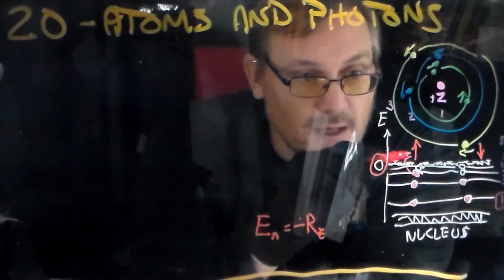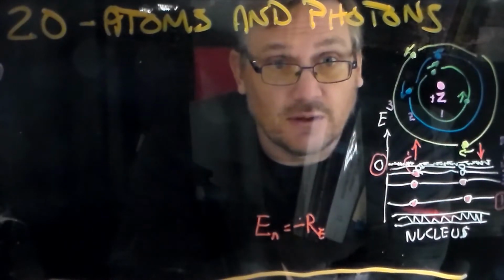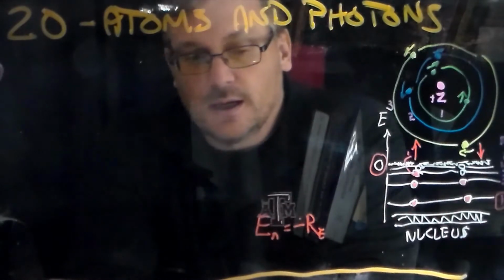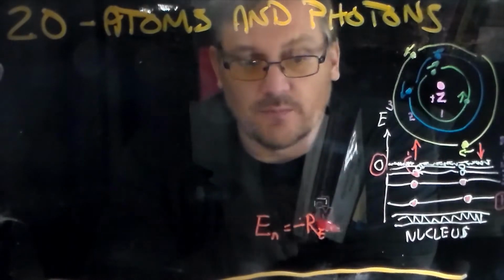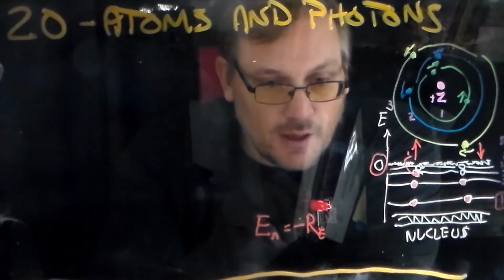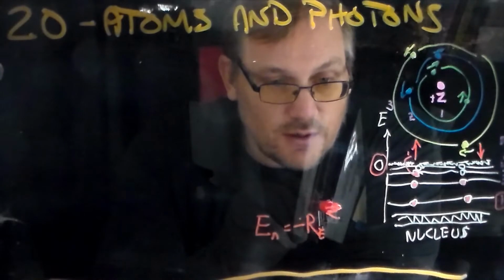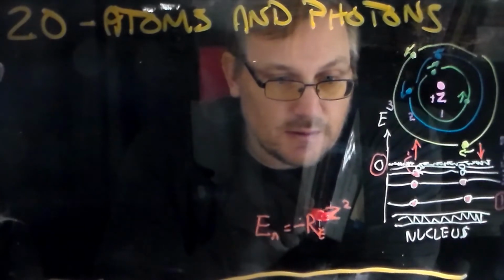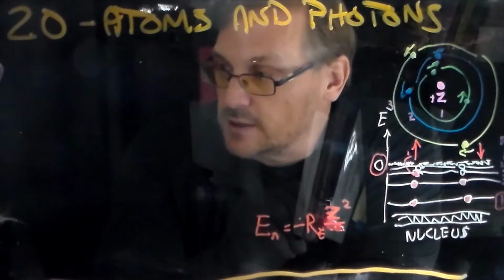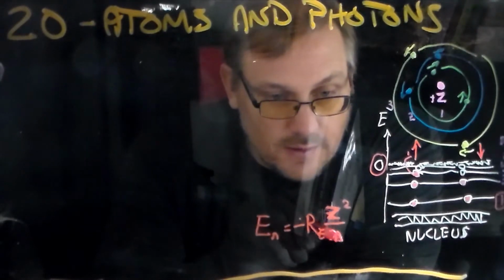If you push this guy up over here, then he's going to become a conducting electron. So everything below that zero is our energy, and that is Z squared, our atomic number for our atom, over n squared.